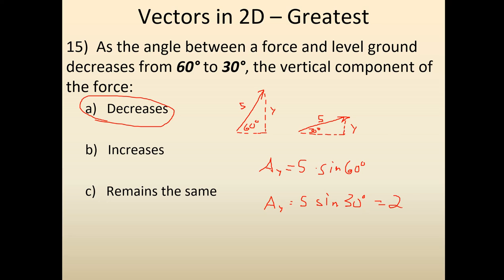I think this one's going to be 4.3, and this one is going to be 2.5. So again, we see that the number decreases. Whatever floats your boat, as long as you recognize how the side is going to change based off of the angle. And that's pretty much it.